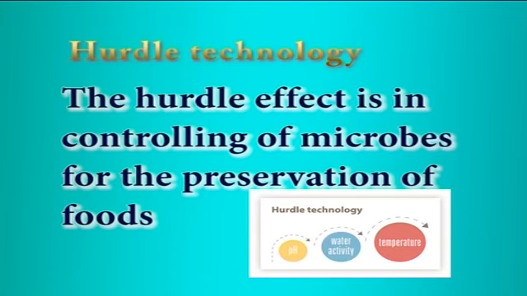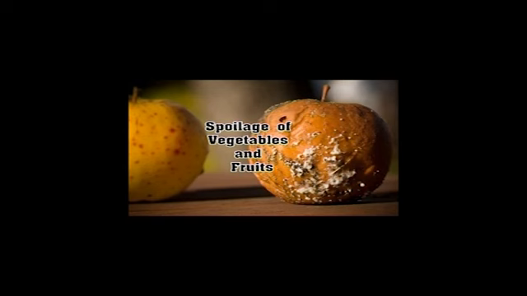Hurdle technology is used in controlling microorganisms for the preservation of foods. These methods result in a stable product that controls microbial spoilage and food poisoning. They can also help in accelerating or limiting the desired fermentation process.